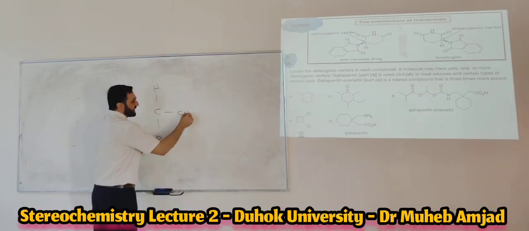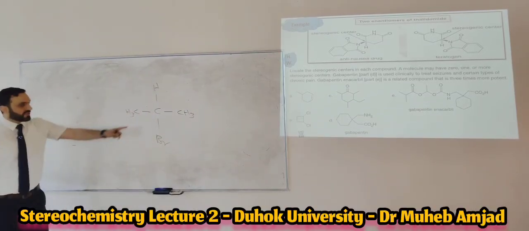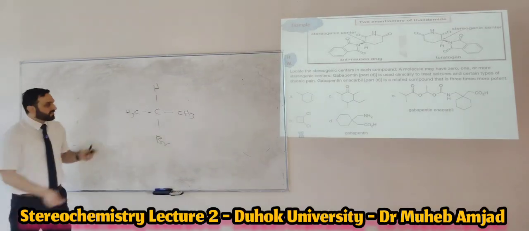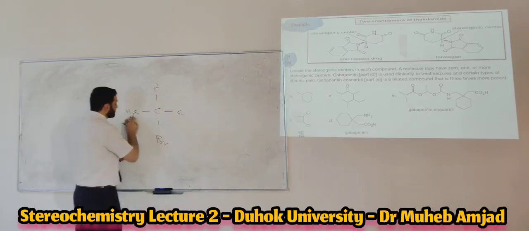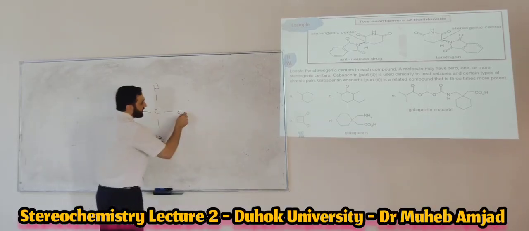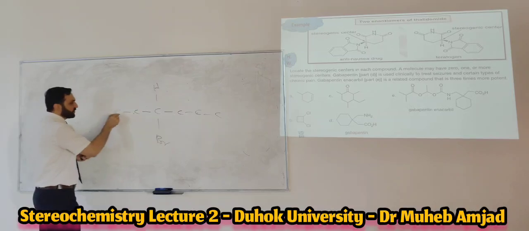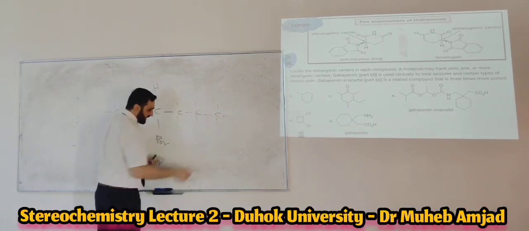Now, CH3, CH3. Is this carbon a stereogenic center or not? Not. Why? Because this CH3 and this CH3 are the same. If I put carbon, carbon, carbon, and carbon to carbon like that, all of them are hydrogen.